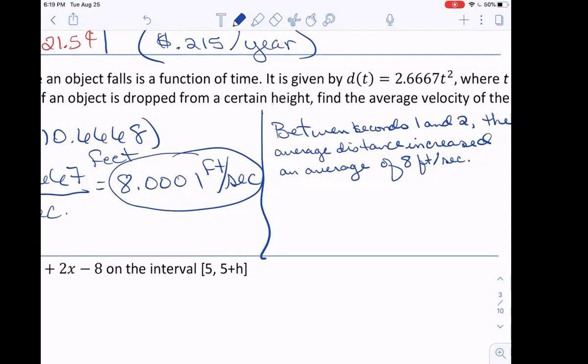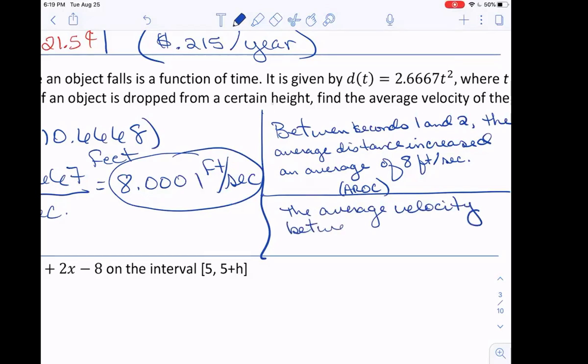So it's the distance, which is what we're studying, but we found the average velocity. So if we're looking at the average rate of change, we can interpret it that way. Otherwise, we can just say the average velocity between seconds 1 and 2 is 8 feet per second.